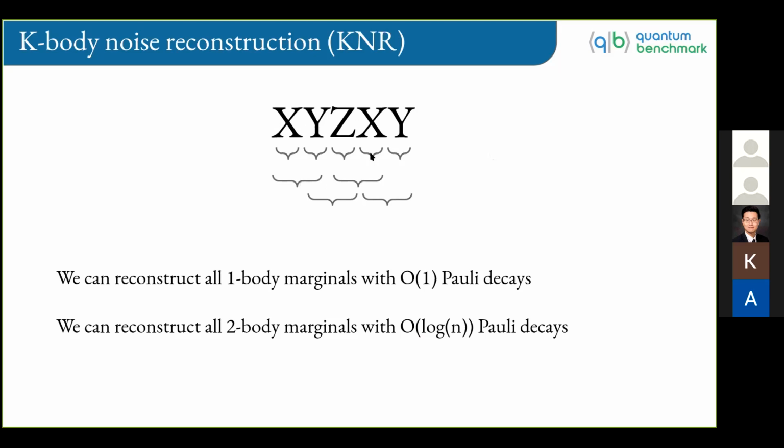And so you can take these different combinations. If you're interested in measuring the marginalized decays of all of your qubits, you can actually do this in order 1 number of circuits, because the post-processing lets you isolate each one of these qubits in turn by averaging over your data. Also, if you want to reconstruct all 2-body marginals, that turns out to only take log n, because you get a lot of compression in this post-processing trick.